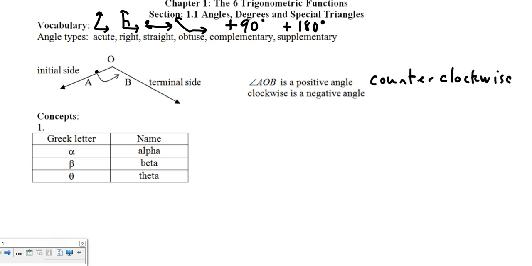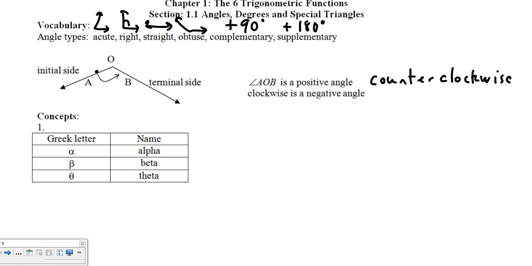It's not going to make sense to you today what the relevance of a positive or negative angle is, but it will in the future. So just know when you're dealing with a counterclockwise angle, it's going to be positive, and if it were reversed to a clockwise angle, going from this OB to OA rays, it would be a negative angle.